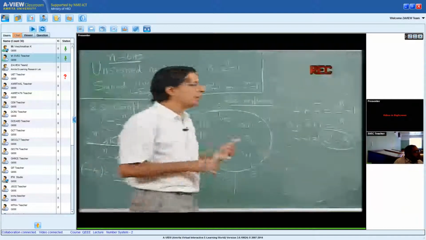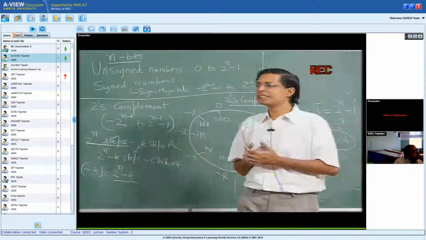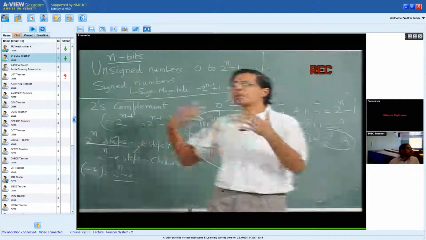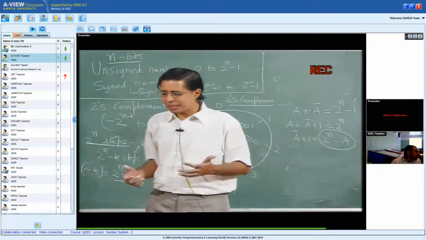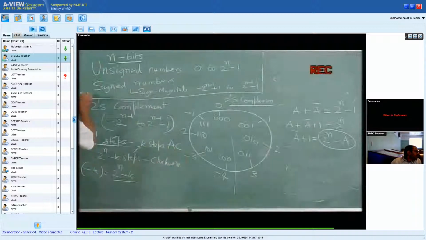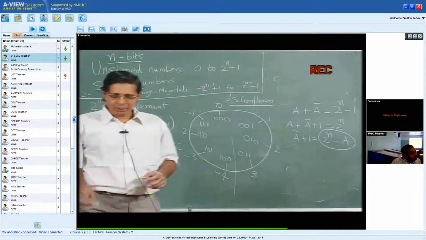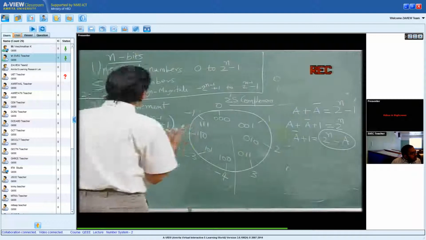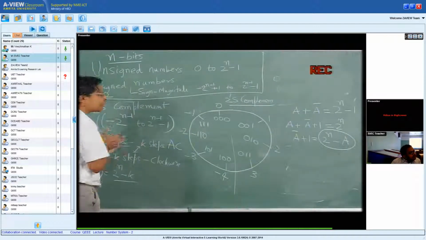Number one. Number two is that we need representations that are actually close to human perception. In human perception, you never say minus 2 as 2 minus. You only see minus 2 as minus 2. The minus is always on the leftmost side. So even from a human perception point of view, this representation works.